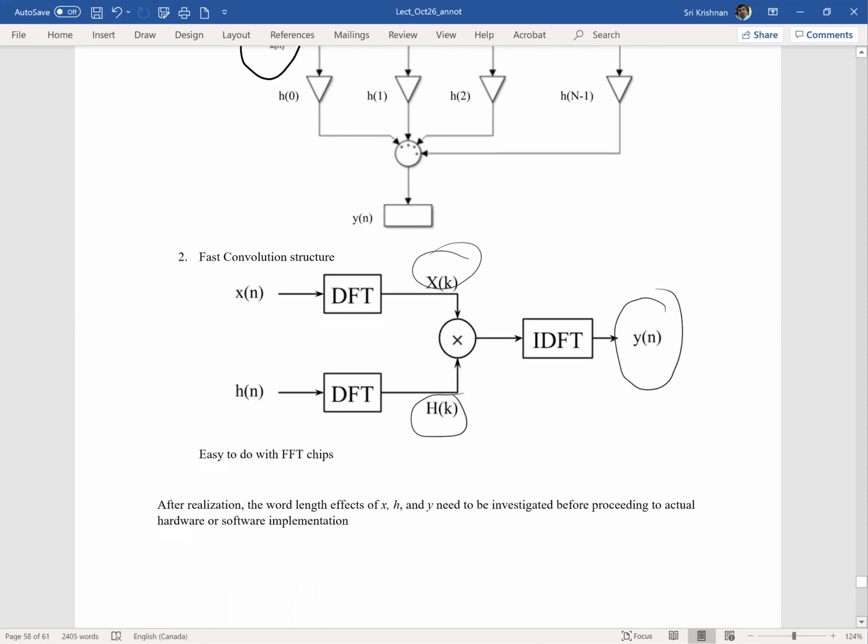Now, things that need to be taken care of in a digital filter design are essentially what's called the word length. Word length effects are about how many bits we use to represent the variables. You would have come across various bit processors like 8-bit, 10-bit, 12-bit, and so forth.